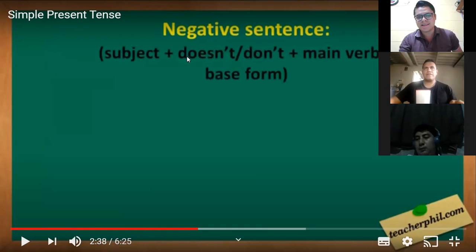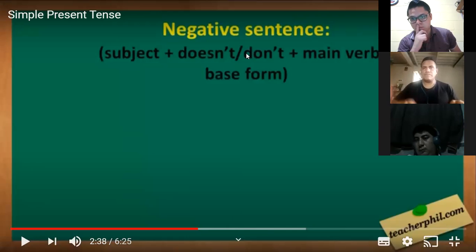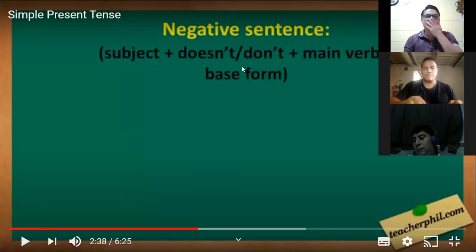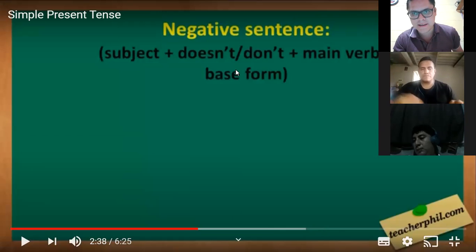This is the auxiliary, guys, that we use for negative sentences. But when are you gonna use doesn't, and when are you gonna use don't? Let me explain this to you.